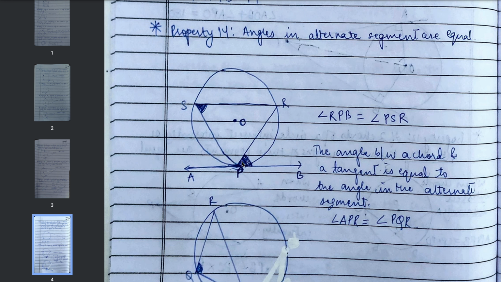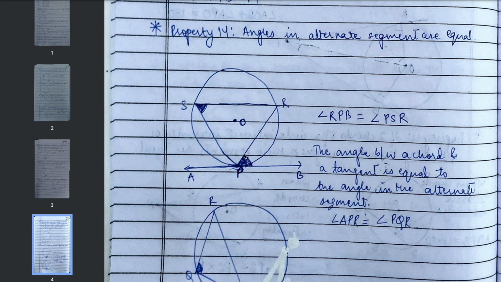These are two segments. The chord PR is dividing the circle into two segments, into two arcs, a major arc and a minor arc. So the angle here is equal to the angle in the alternate segment, this one.